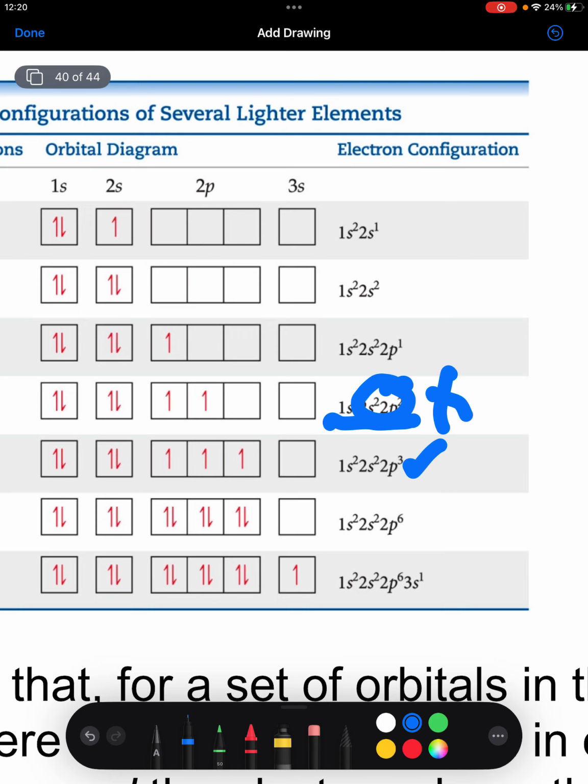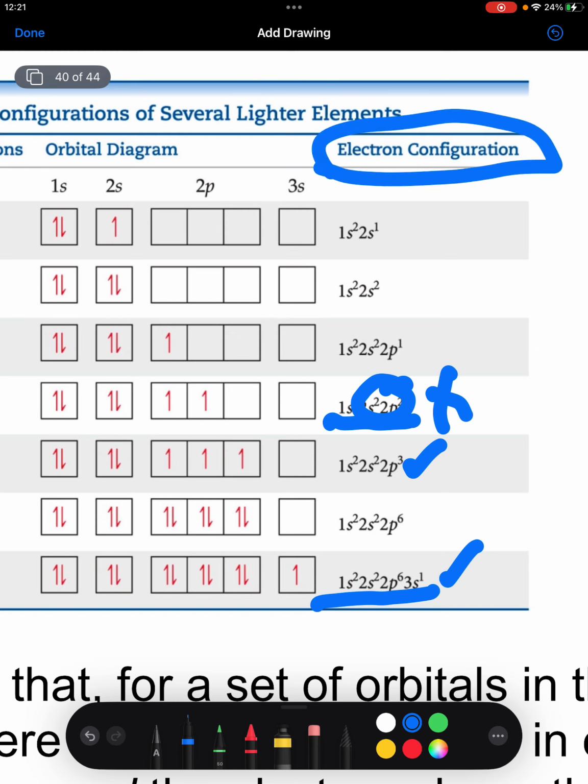So I'm going to give you a light assignment asking you to fill out and write some of these electron configurations. And after that, we'll move on to the periodic table.